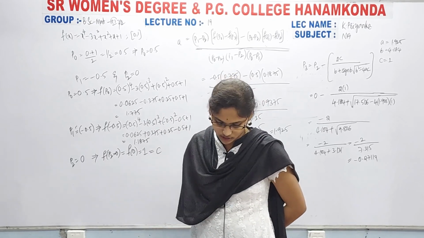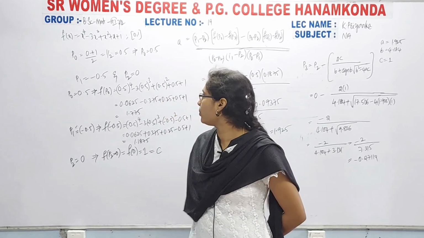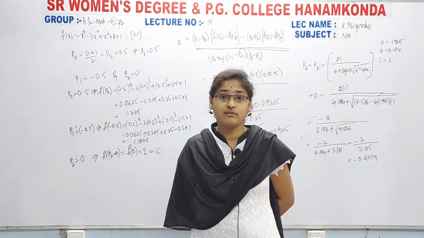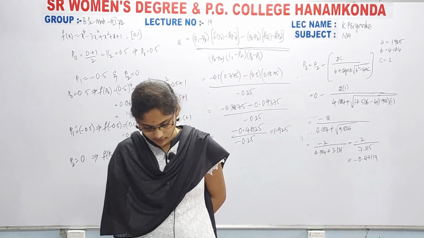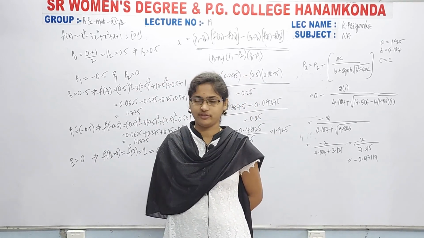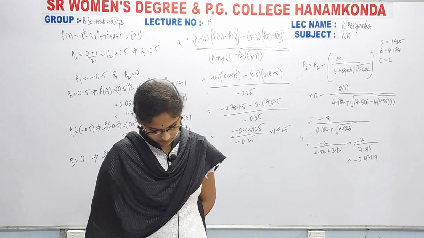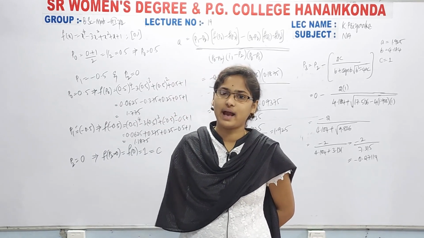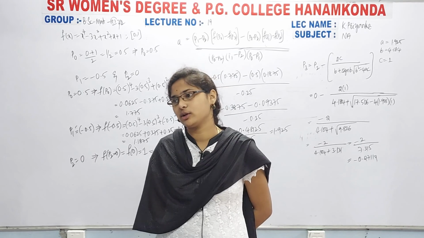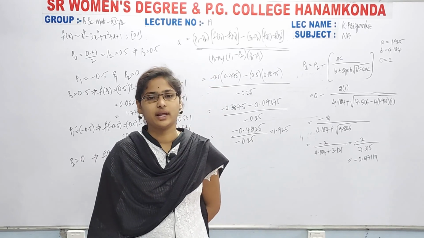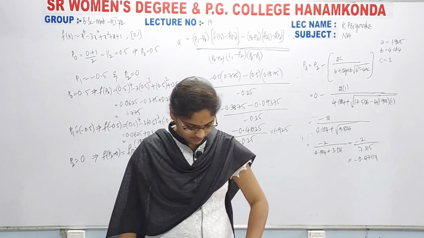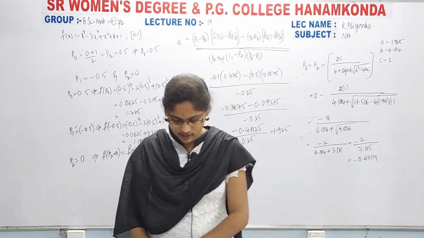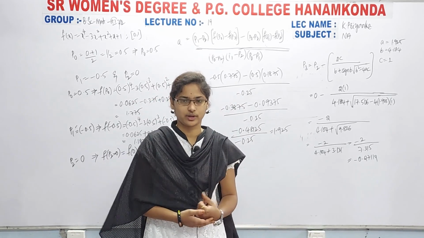Next also the same thing, P0 equal to 0.5, P1 equal to 1, P2 equal to 1.5. In the interval 0, 1 the length is nothing but 0.5, so like that we have to consider. Okay. We will see some more applications in the next class. Okay. Thank you everyone.